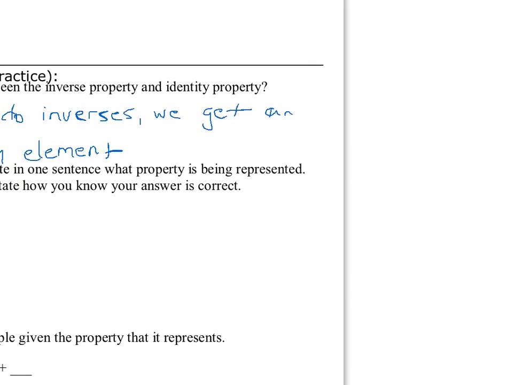For example, the way that we use this in a problem, we oftentimes will say something like x plus 5 is equal to 10. And our next step is x plus 5 plus negative 5 is equal to 10 plus negative 5. So we used an inverse property. 5 plus negative 5 added up to 0.